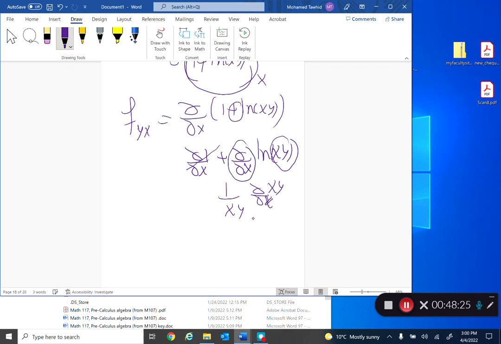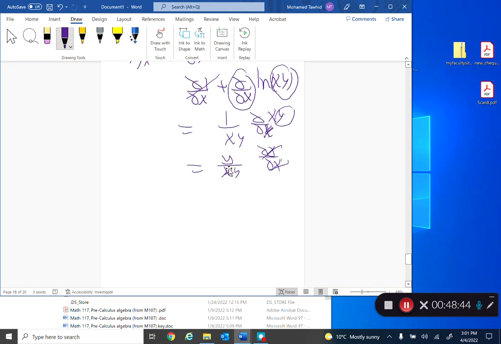If I take the derivative with respect to x, what is your y? y is constant, I can grab y outside, and what is left is dx over dx, which is 1. So what do you have? You have y over xy, I can cancel 1y with 1y, so you have 1 over x.